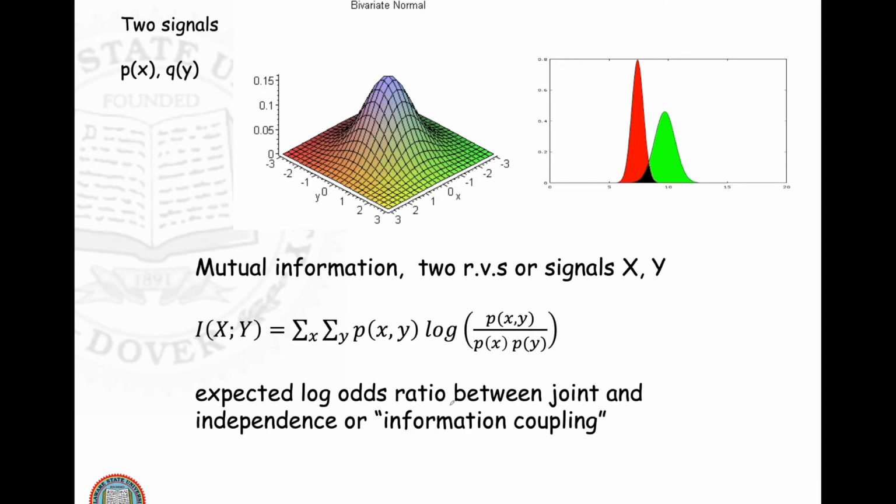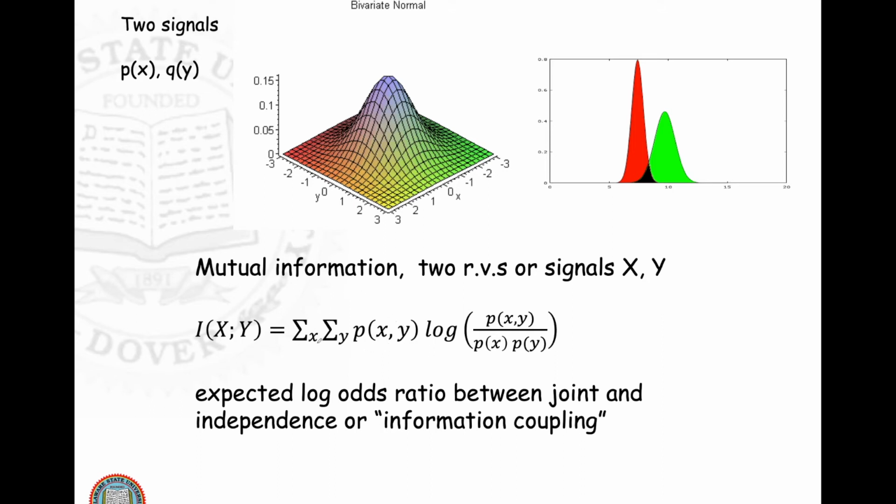And if there's information coupling between them, how do we measure the amount of descriptiveness, the number of bits needed to describe these alternatives? How much of it is due to their occurrence together versus their individual occurrences? And that's called mutual information.